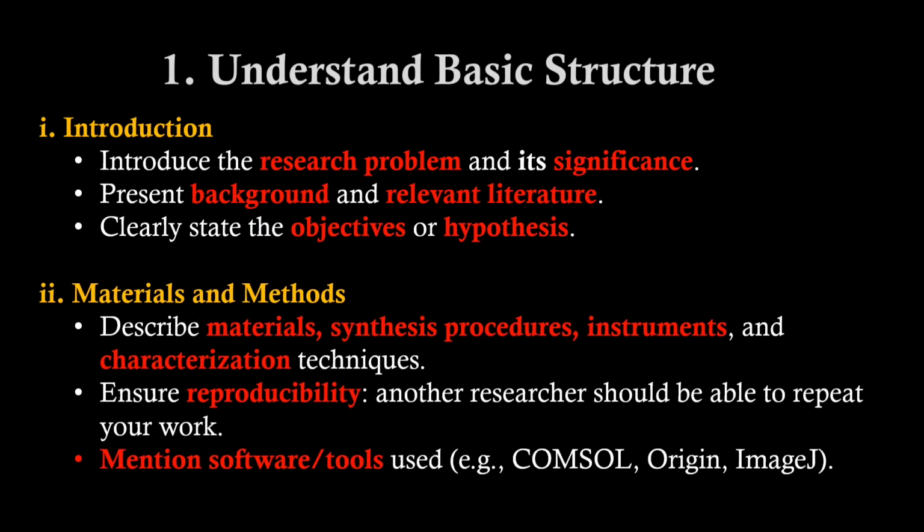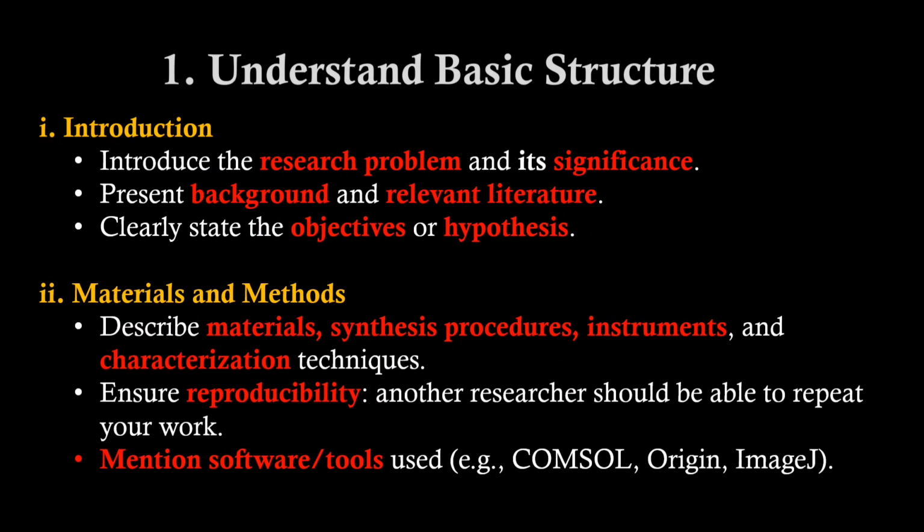The next part of the research paper is materials and methods, which may include materials, synthesis procedures, instruments, and characterization techniques. We have to explain very briefly each and every thing that is involved. That may also include some of the precursors or chemicals, or, when we are going for any experiment, whatever is there should be explained.